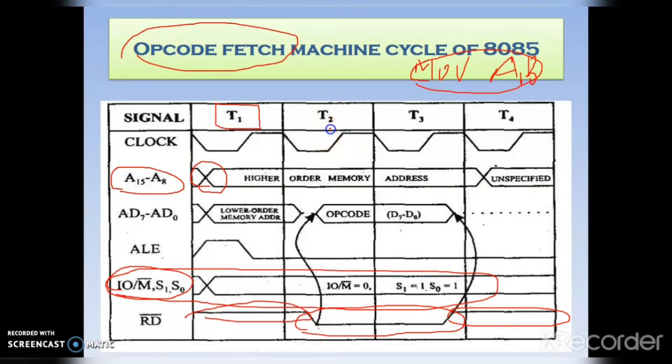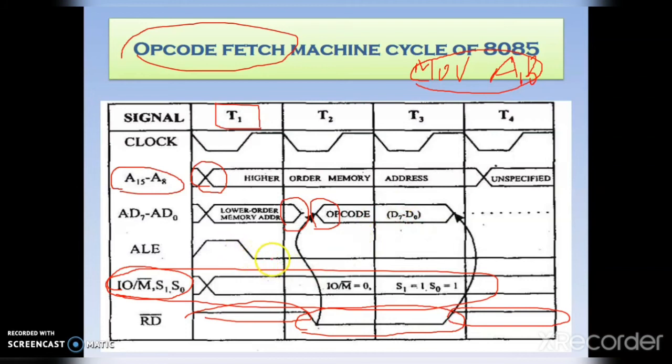And in the second T state, the higher order address bus remains active, and the lower order address bus, that is A0 to A7, disappears, and only the data is available in the T2 state, that is D0 to D7.